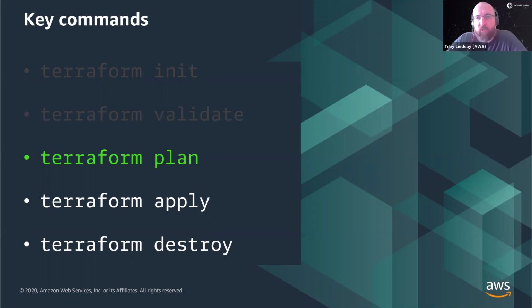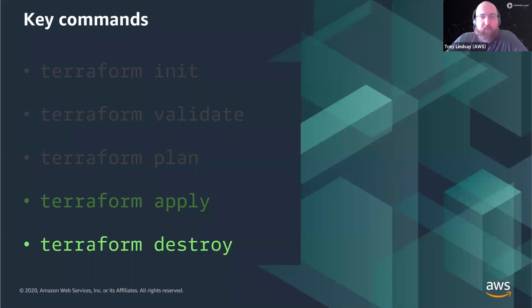Terraform plan generates an execution plan for the resources described in your config files. Terraform apply reruns the Terraform plan, generates the execution plan, but it also deploys and updates all the resources described in your config files. And last, Terraform destroy, which destroys all the managed resources that were previously deployed.